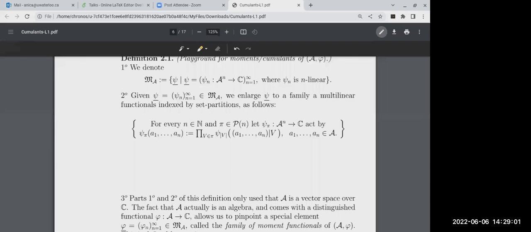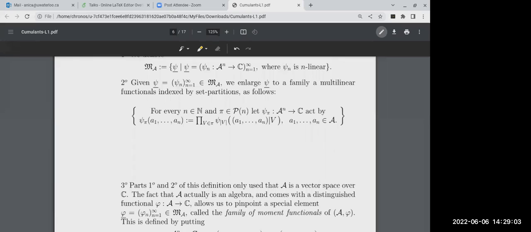If you have psi n, you can also have psi pi. For instance, take this partition where 1 and 3 are in one block, and 2, 4, 5 are in a second block. This is a functional of five arguments, and what I do is put a product with a factor for every block.